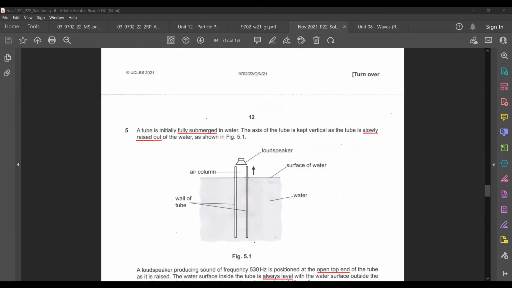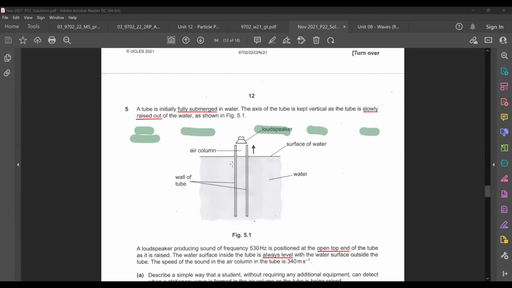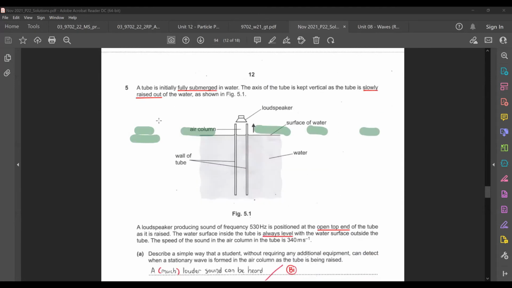If you look at question 5, we have a tube that is initially fully submerged in water. The axis of the tube is kept vertical as the tube is slowly raised out of the water. A loudspeaker producing sound of frequency 530 Hz is positioned at the open top end of the tube as it is raised. The water surface inside the tube is always level with the water surface outside the tube.